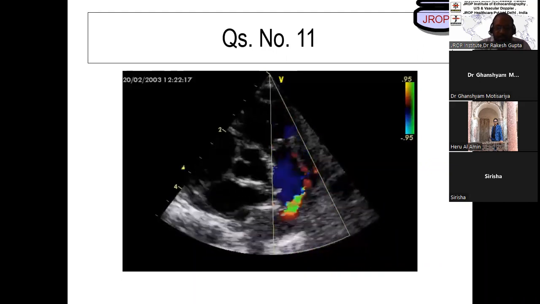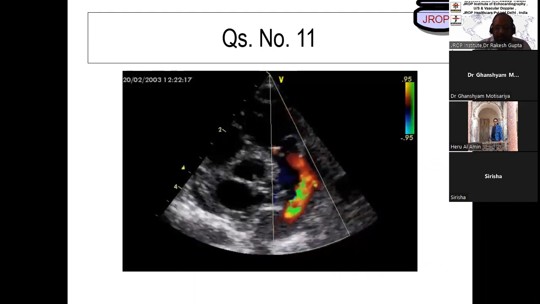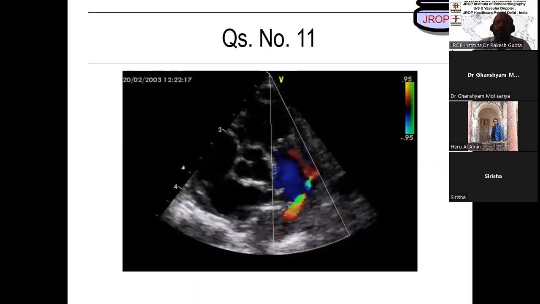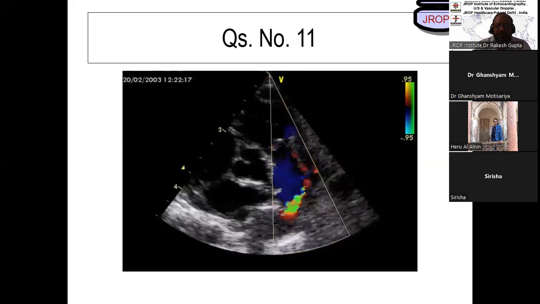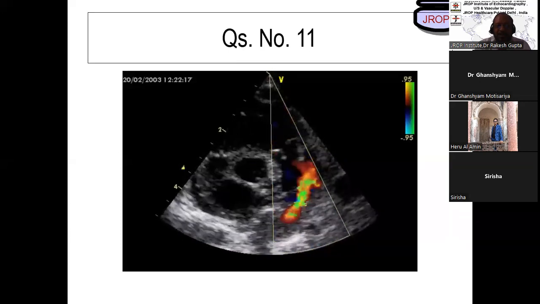Is it patent ductus arteriosus? Come out. This is patent ductus arteriosus. What's the problem in it?